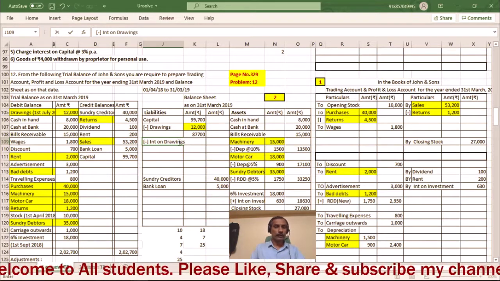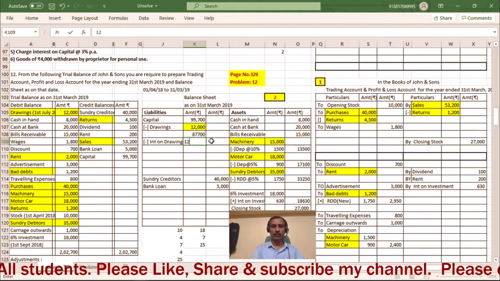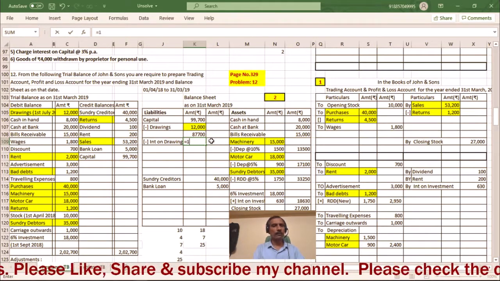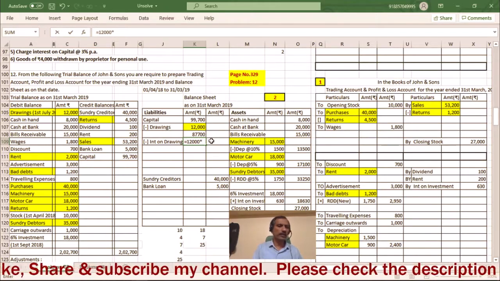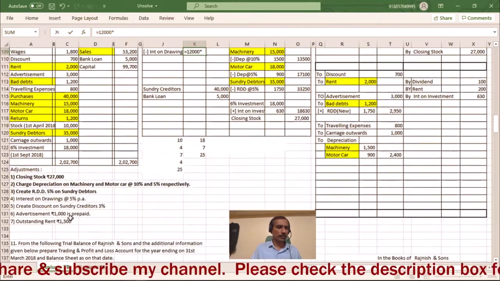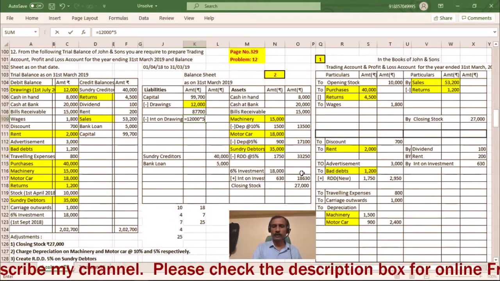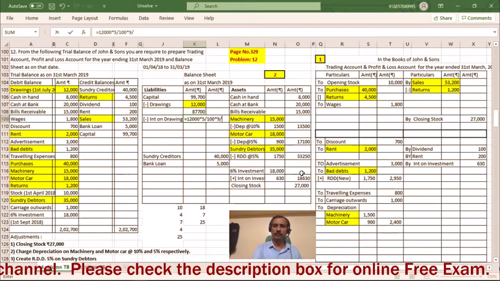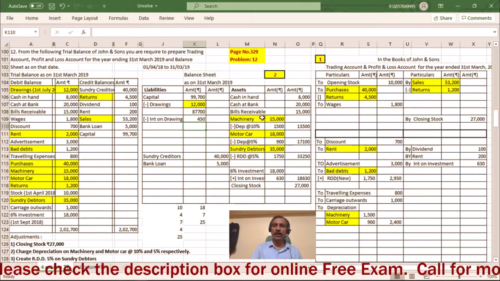Okay, so now here also we can calculate what is the amount. The actual amount is 12,000. Using an Excel formula we can calculate. The rate is 5%. Okay, so 5 upon 100. So months, 9 months, into 9 upon 12. So in this way we can calculate. After that we have to less this balance.